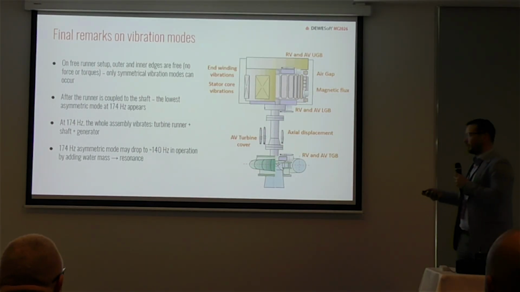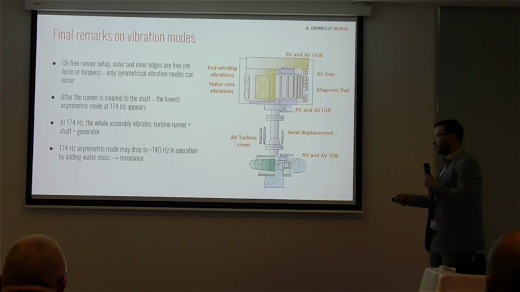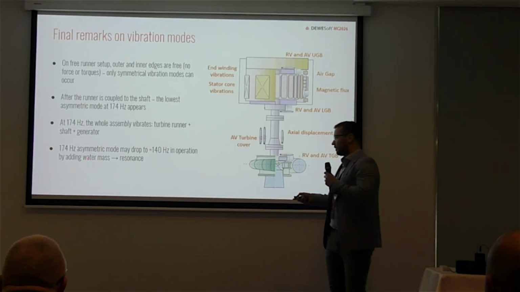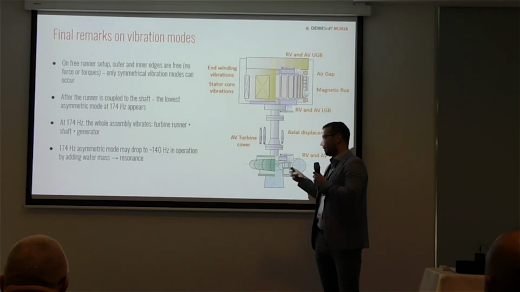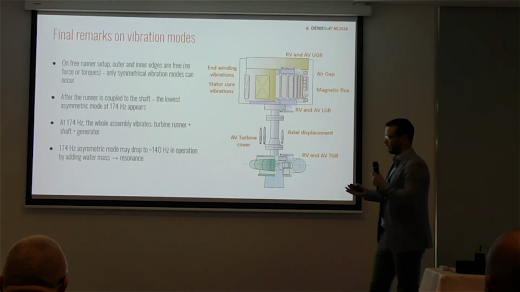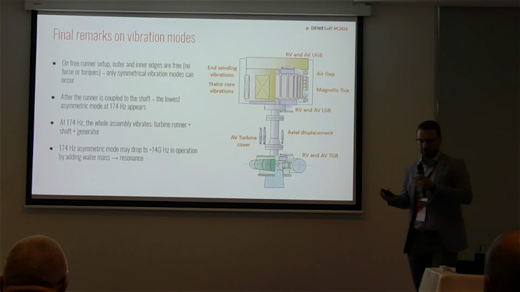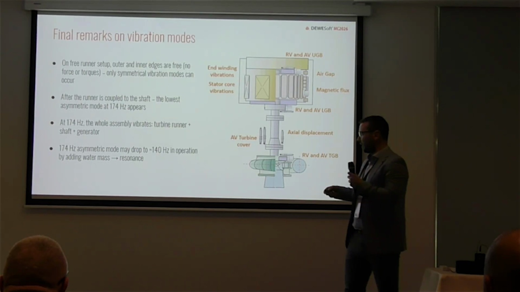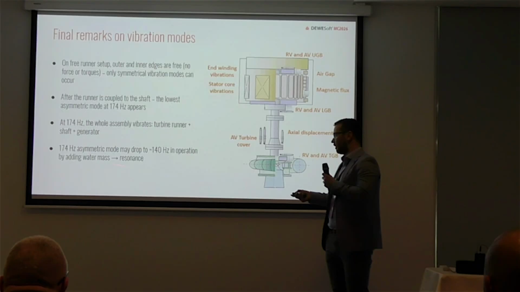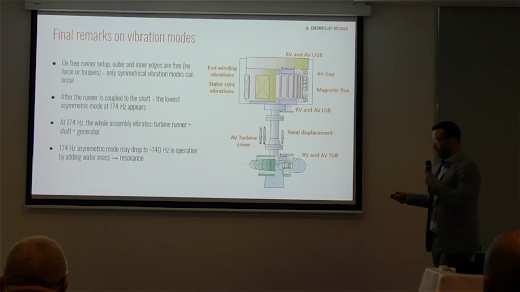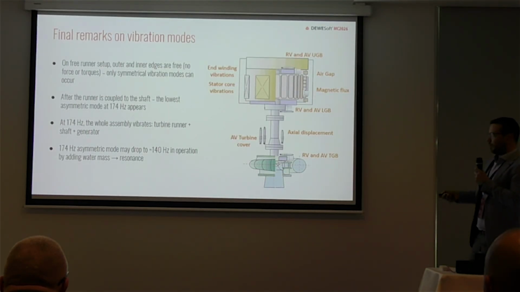When there's a lot of water coming to the turbine, the water mass will decrease this natural frequency for sure. We don't know where it will end, we cannot know that, but our assumption is that it will drop to around 140 Hertz, which is then quite bad.